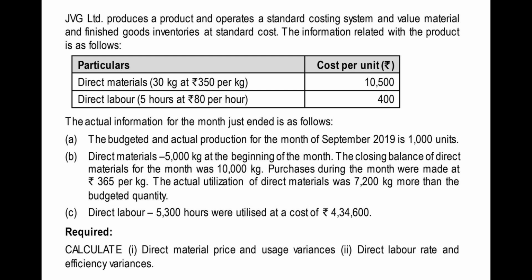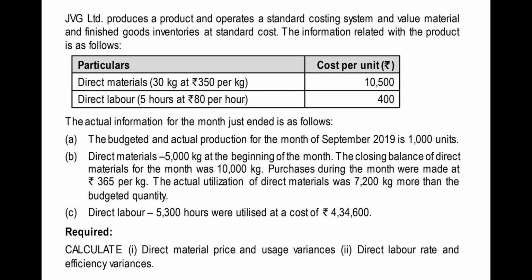The direct labor 5300 hours were utilized at a cost of rupees 4,34,600. We are required to compute direct material price variance, direct material usage variance, direct labor rate variance, and direct labor efficiency variance. This is the problem given.